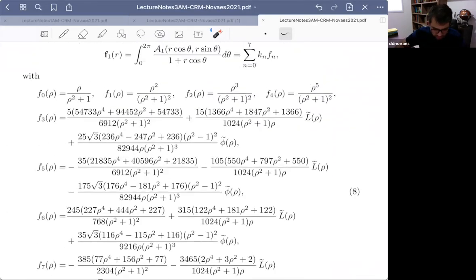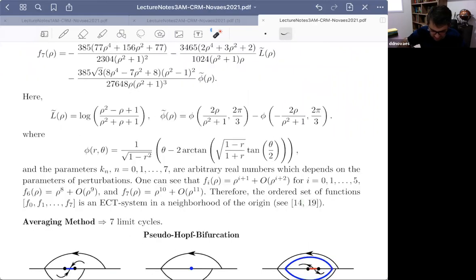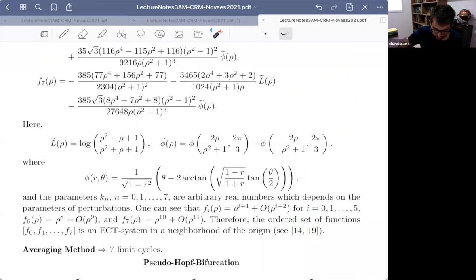Well, what we have done here, the idea was to expand this function in power series of ρ around ρ equal to 0, and doing that we saw that Fi for i equals 0 until 5 starts as ρ to the power i plus 1, and the last two functions, F6 and F7, start as a power 8 of ρ, and F7 a power 10 of ρ.